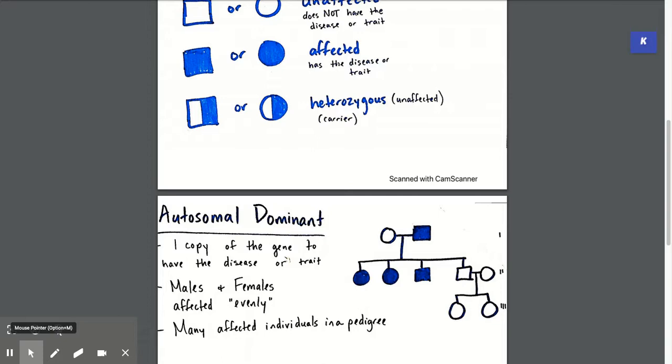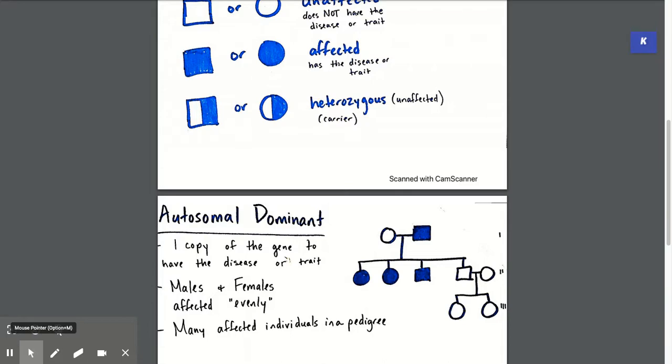So in this pedigree chart here, again, we see, first of all, 3 generations, 1, 2, and then 3 generations. This is showing a disease or trait that is inherited in the form of autosomal dominant. And how do you know if a particular pedigree, again, that's this chart here, is showing autosomal dominant?